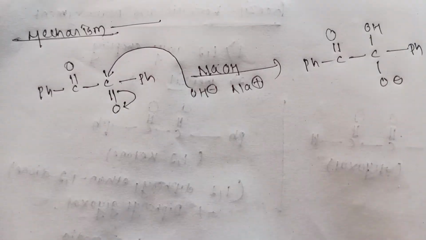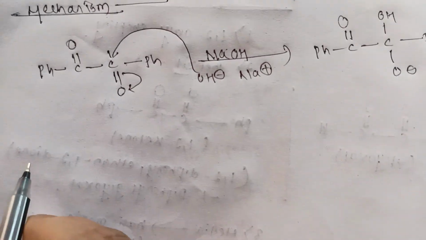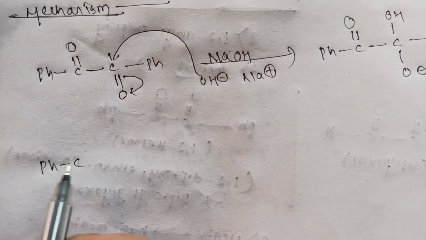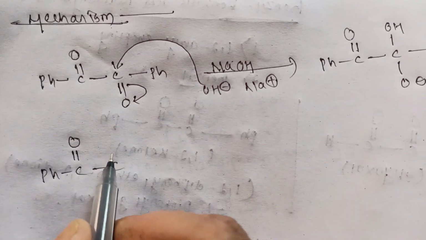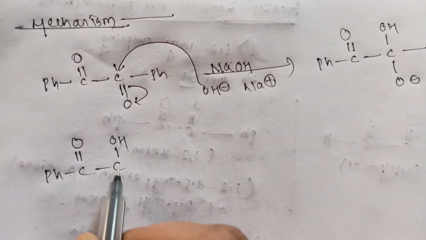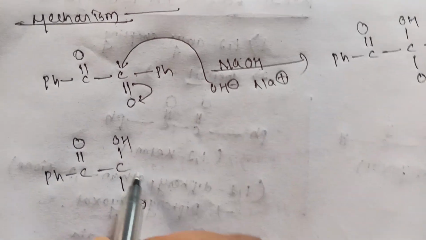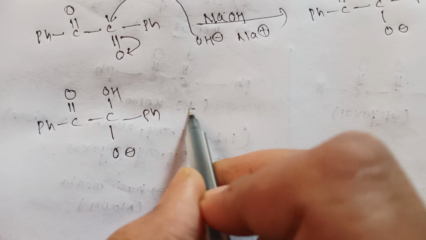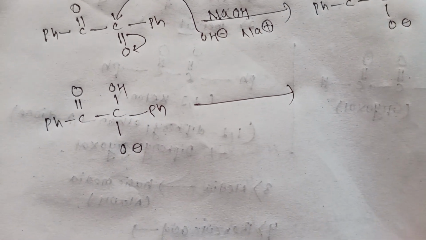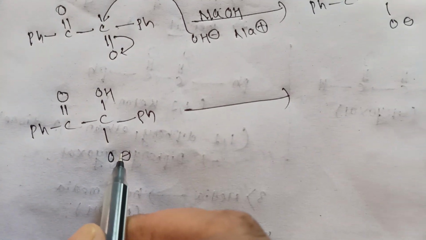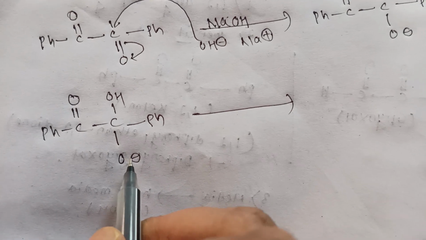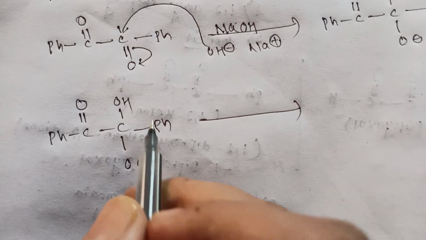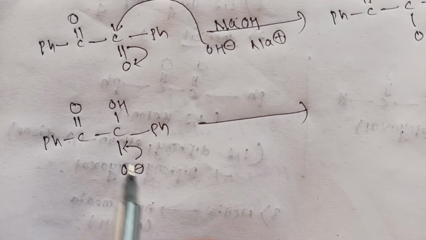In the very next step, I will draw it again: phenyl, C double bond O, C, OH, O minus, phenyl. Here this oxygen wants to become stable because it has an extra electron pair, so it will shift toward this.